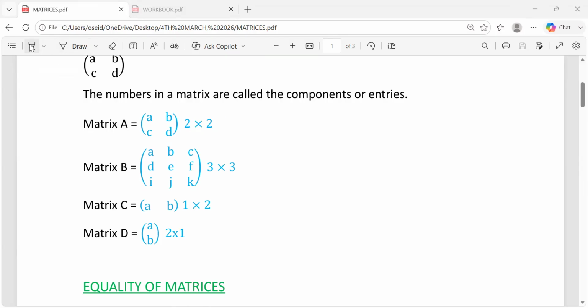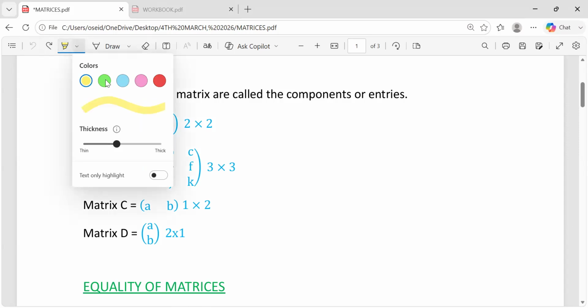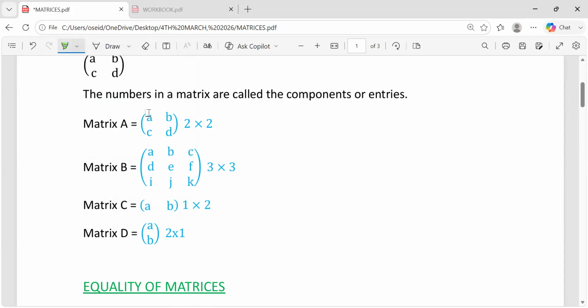It's a 2 by 2 matrix because we have two rows, and the rows are A, B and C, D. At the same time, we have two columns, and the columns are A, C and B, D, making it a 2 by 2 matrix.